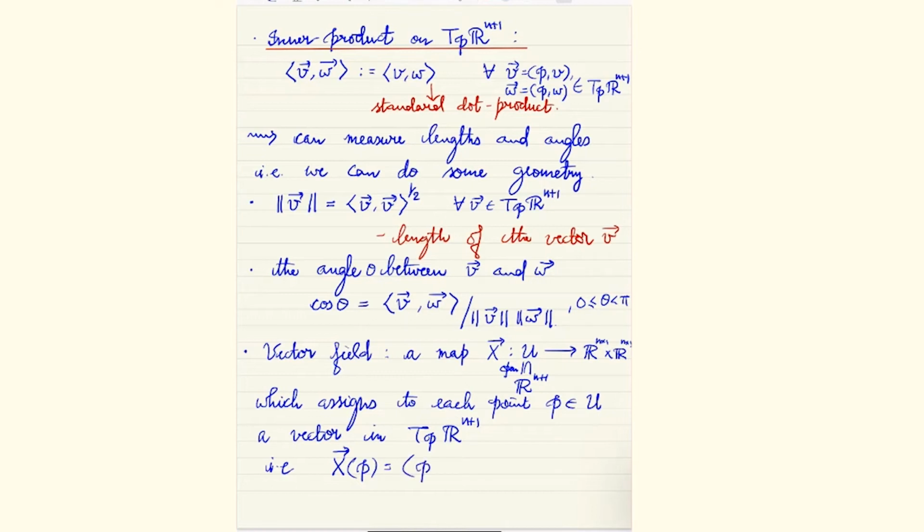It is P, and the notation X_P would be the associated vector that we will look at. Now X itself you can view as a function. P is fixed, so it's a map from U to R^(n+1).